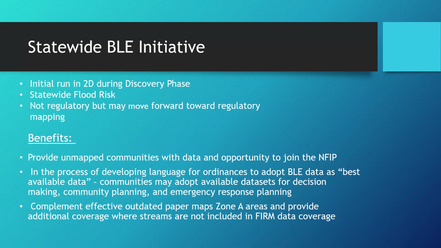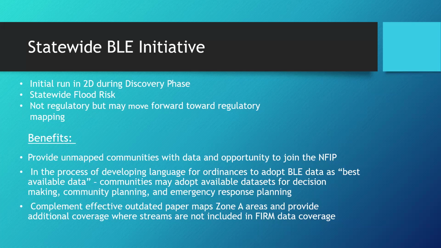Things that could be at risk for flooding. So again, we do have that ordinance language, but it's still in review. But it was our hope that we would have communities adopt them as data sets for that kind of decision making and community planning and emergency response and things like that.